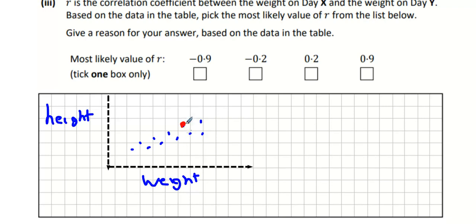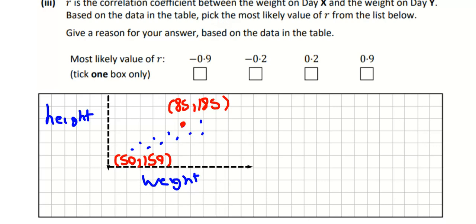This point here could be 85, 185. That's somebody who's 185 centimeters tall and weighs 85 kilograms. This point down here could be something like 50 and 150. Somebody that's 150 centimeters tall but only weighs 50 kilograms, all right? We all good with that?